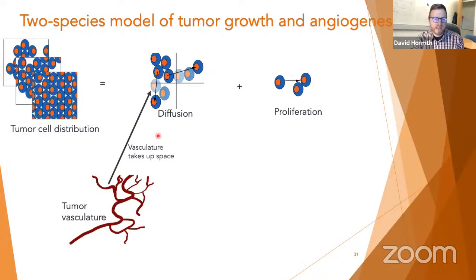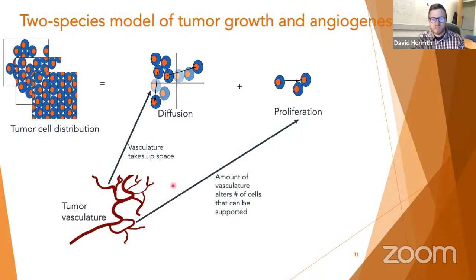We assume that the vasculature is going to influence tumor cell distribution because it's going to take up space. And then we're also going to assume that it's going to influence tumor cell proliferation. So the amount of vasculature is going to affect the number of cells that can be supported in an individual voxel. We're going to use diffusion weighted MRI to provide estimates of this top row, and then DCE MRI provides estimates of this bottom row in 3D.